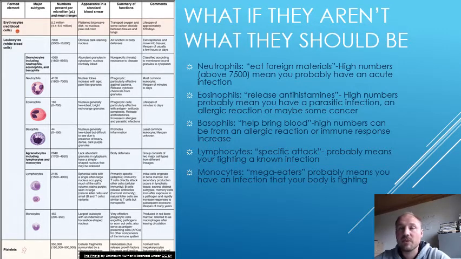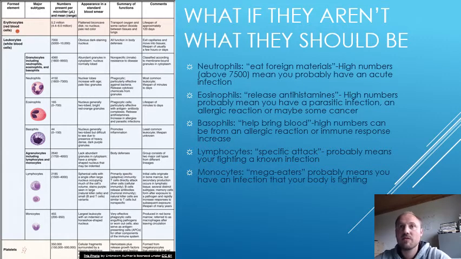Your basophils, these are a little bit different. They're kind of a helper. They're gonna help bring blood and help bring more neutrophils and help with that first reaction, that first response. And so they actually increase the amount of blood coming to that spot, coming to that injury site.